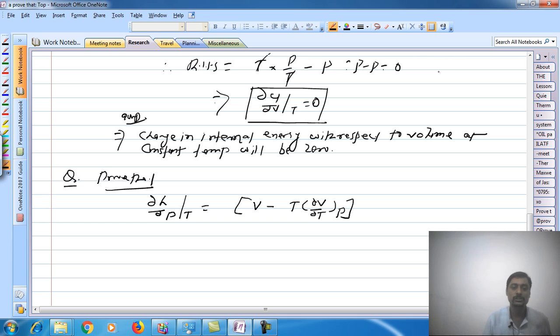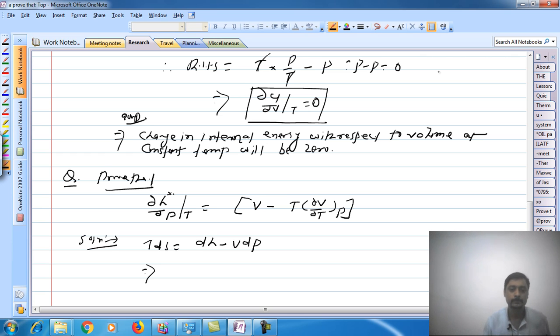So what is the main logic? This enthalpy is involved in this problem. So whenever enthalpy is used, we have to use this TdS equation. TdS is equal to dH minus VdP.